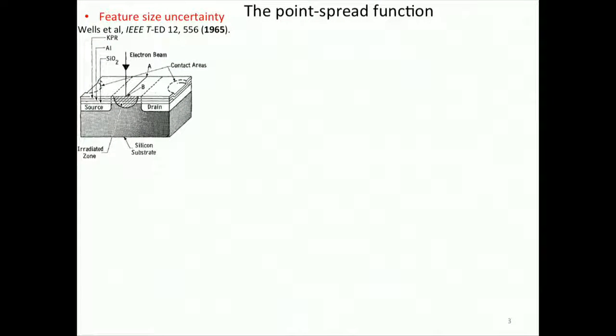To give you some background, I found these earliest reports of e-beam lithography, where they wanted to make transistors using electron beam lithography. As you can see here, they picture an electron beam coming in, and they show an irradiated zone, which would mean there's an uncertainty of what feature size will be achieved and what will limit the feature size.